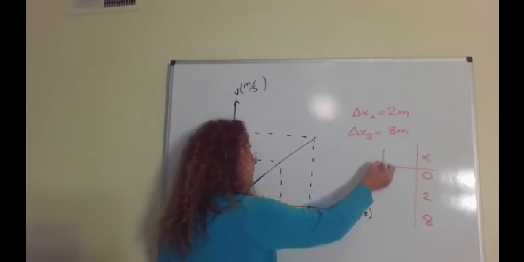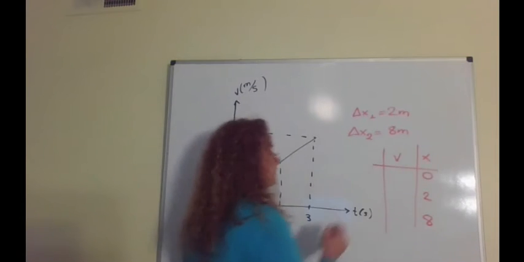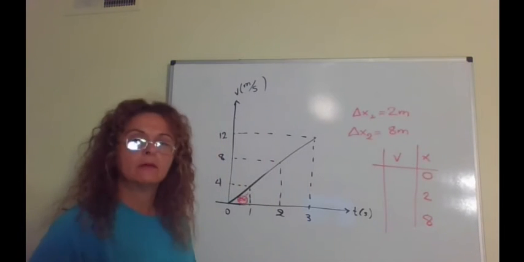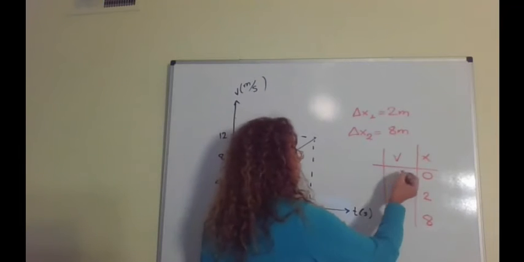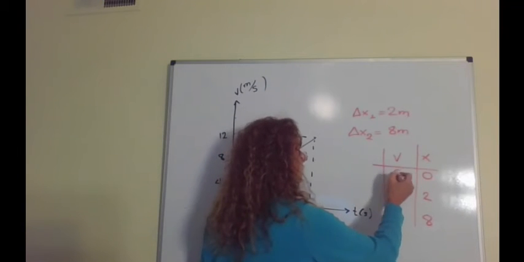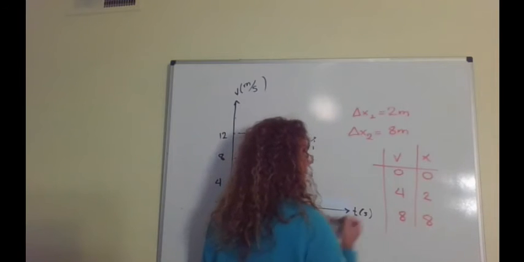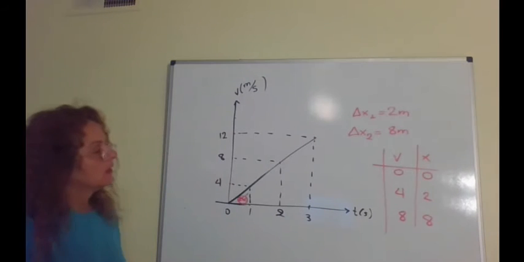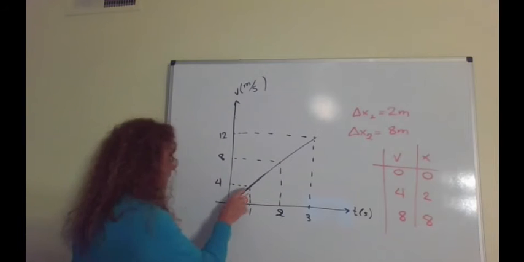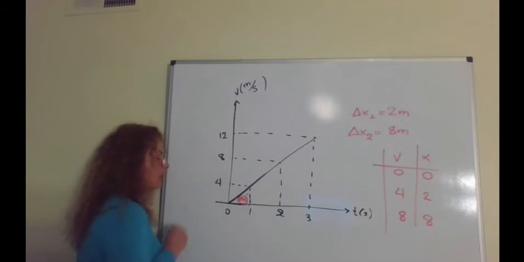Now, there's another way to find these values from the table without even using the graph. Okay, so we said that the velocity started from 0 and it changed by 4 every second. So the velocity in the first second changed from 0 to 4. All right?